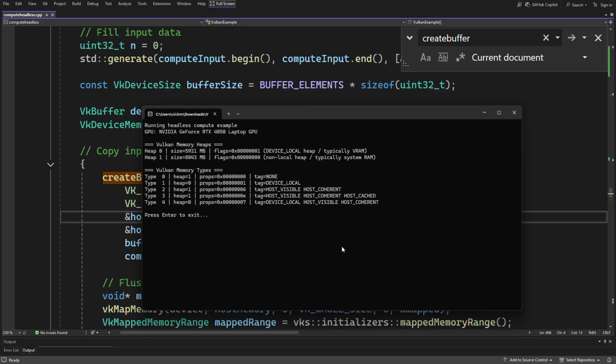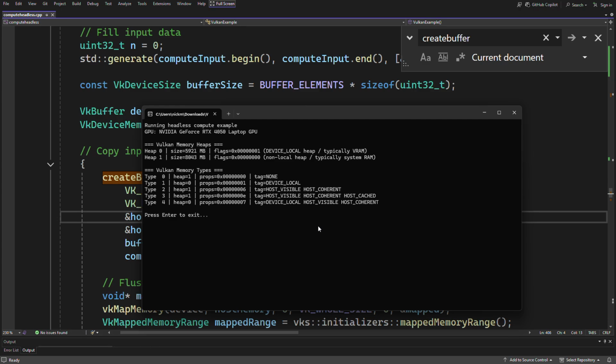So what do I mean by that? When you have something like host visible, host coherent, device local but also host visible, there's a discussion on how these things are connected.